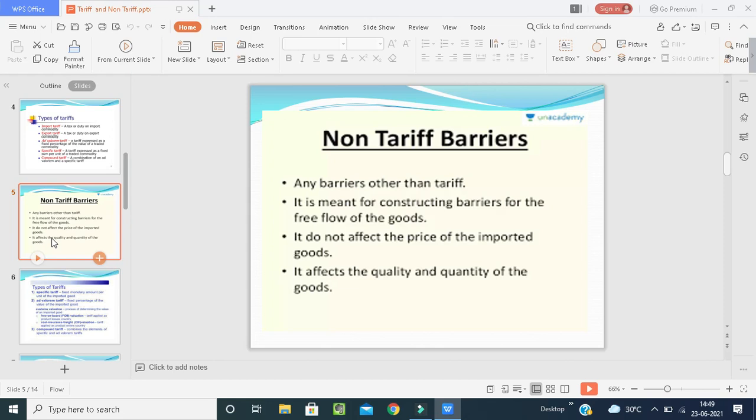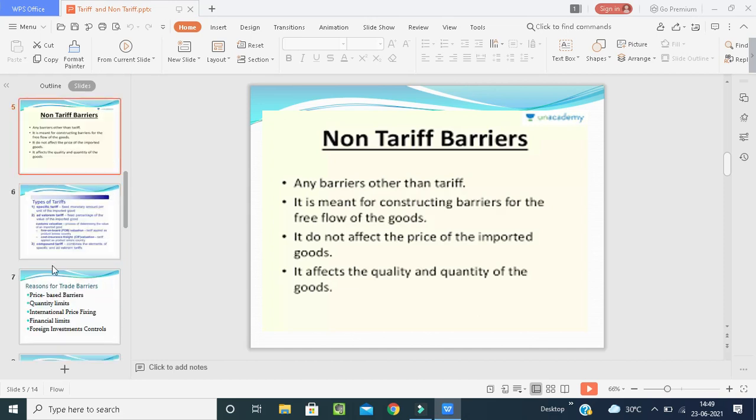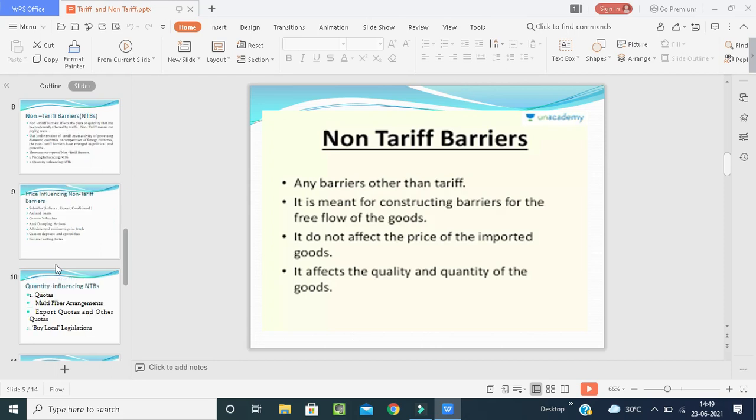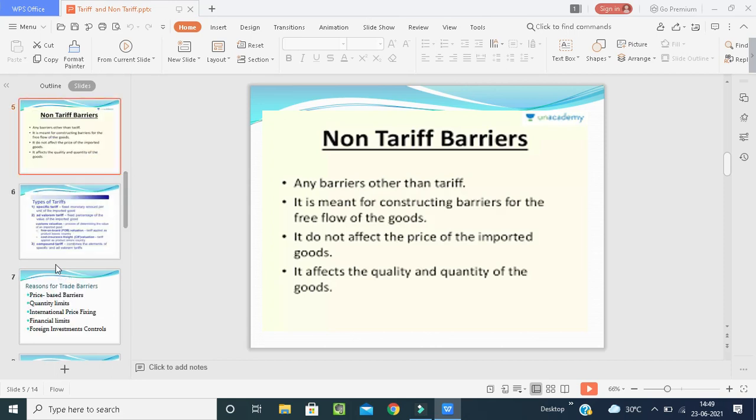Now, non-tariff barriers. What do you mean by non-tariffs? Non-tariff barriers are barriers where tariffs, that is different taxes, are not imposed.